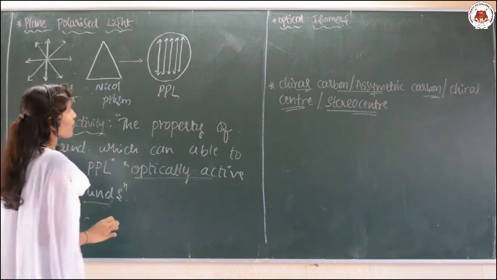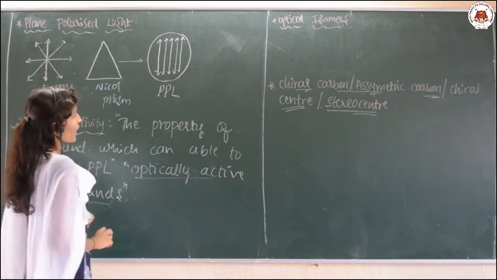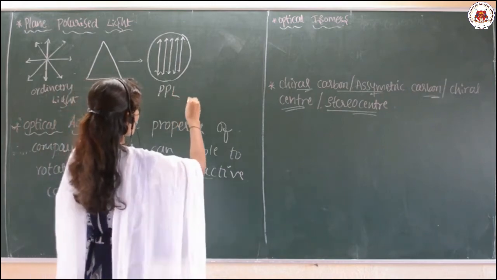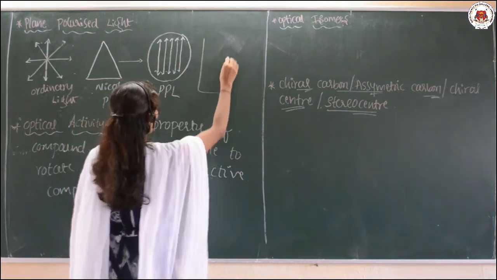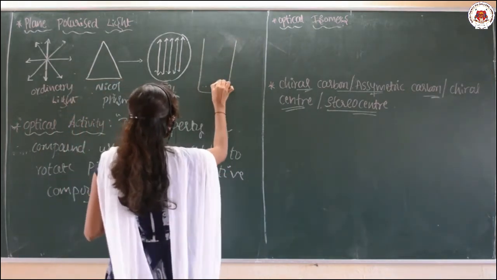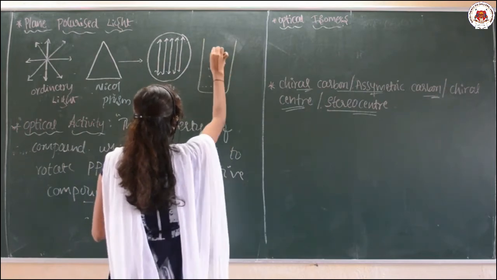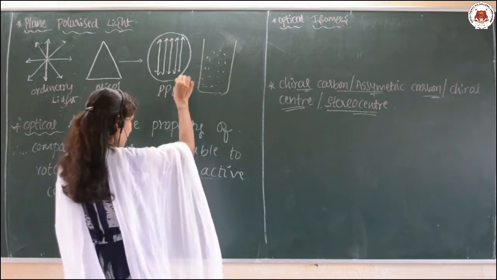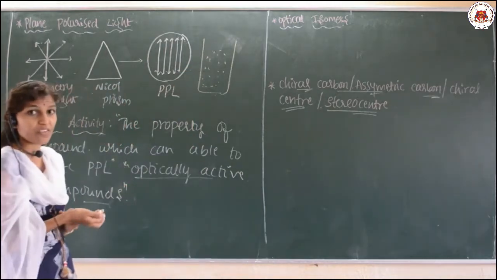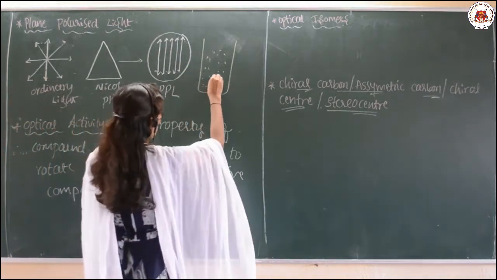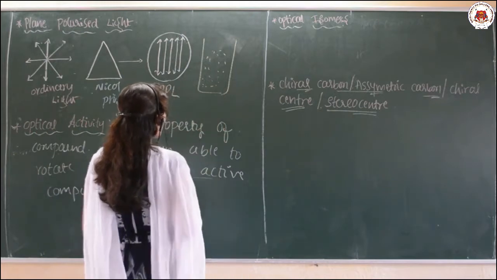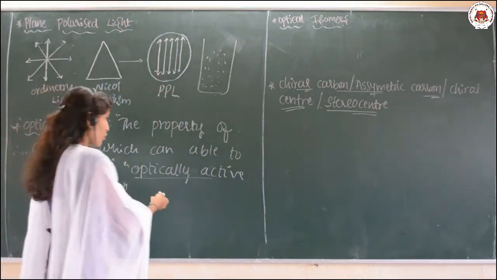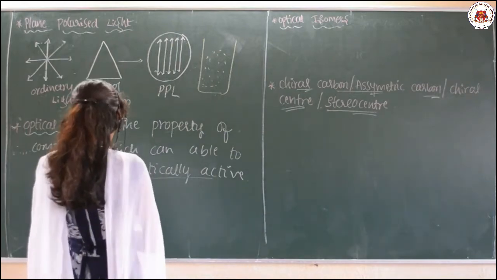For example, suppose I have the plane polarized light and in a beaker I take one of the compounds. Suppose this compound is able to rotate this plane polarized light, it means the property possessed by this compound is what we call optical activity.